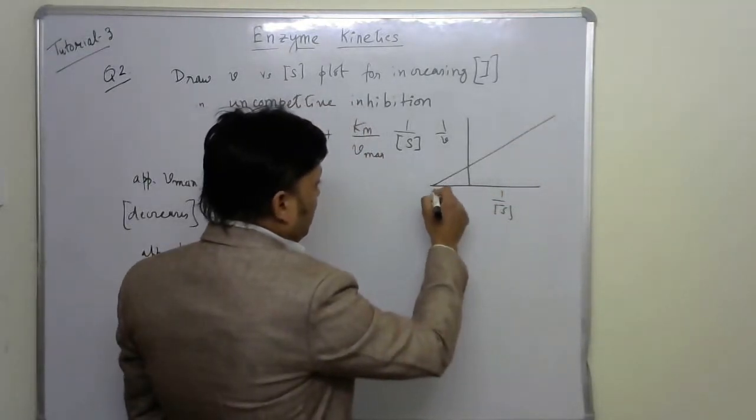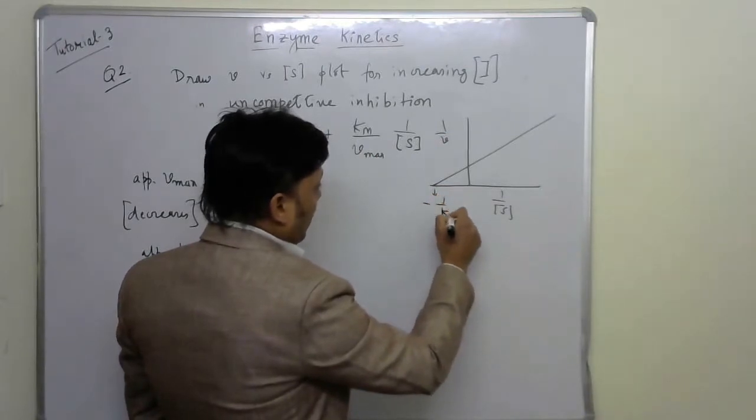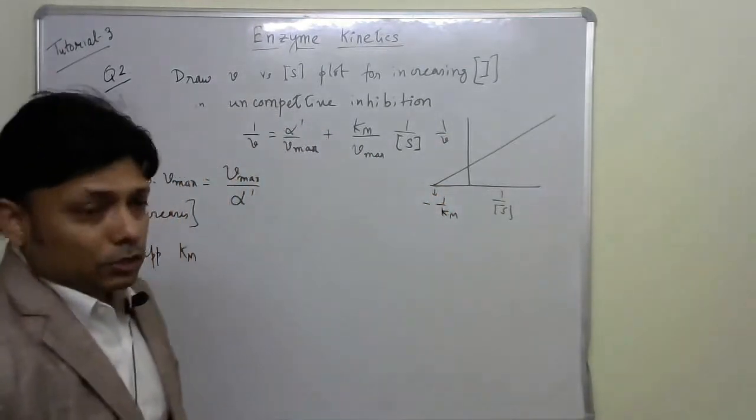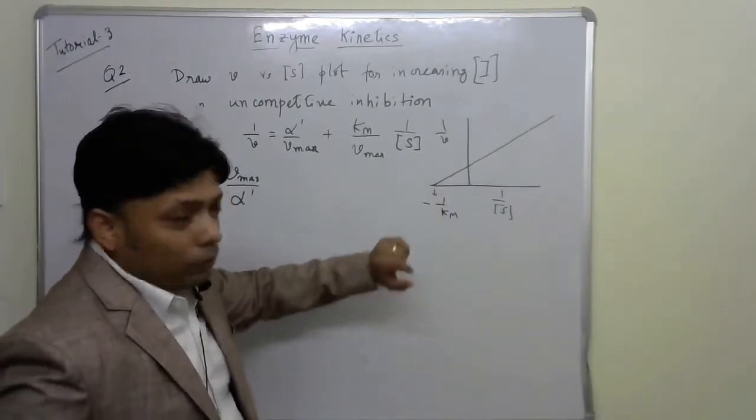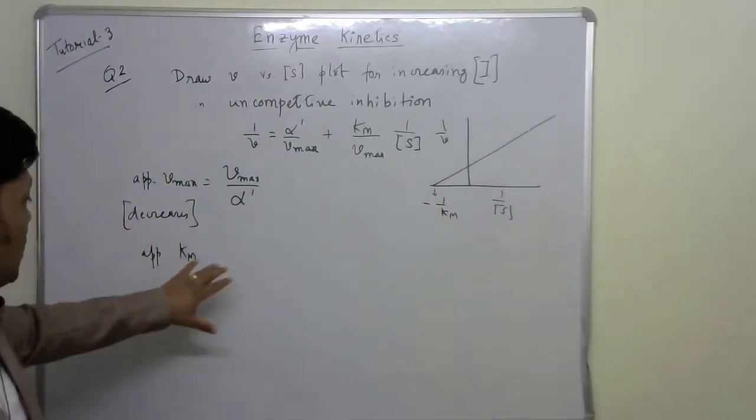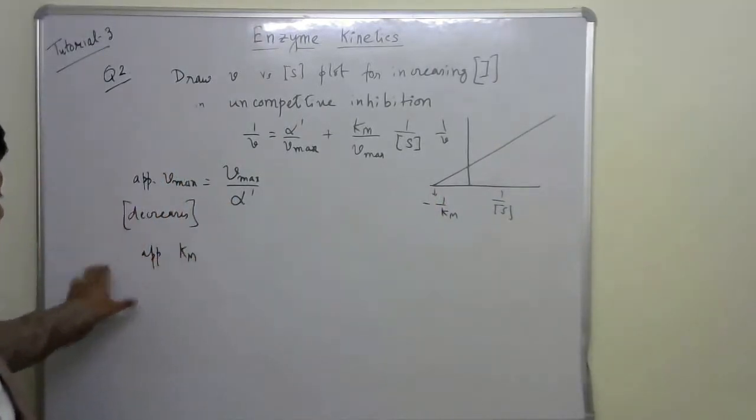And the intercept here is actually minus 1 over Km. So from this we can also find the value of Km. So let's try to see what happens for the apparent Km.